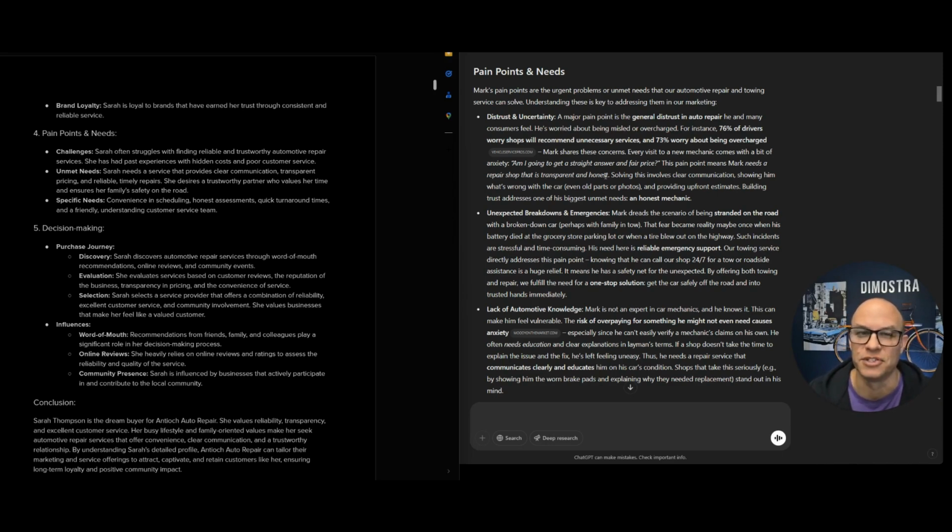And it even gives us data. Right here it says, for instance, 76% of drivers worry shops will recommend unnecessary services, and 73% worry about being overcharged. So from a marketing standpoint, it's really important for this client on their website in the hero section to address those two things.